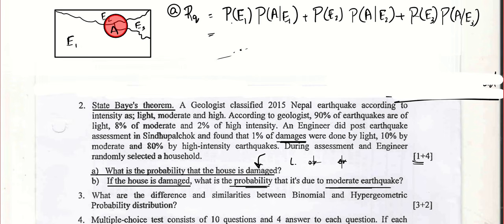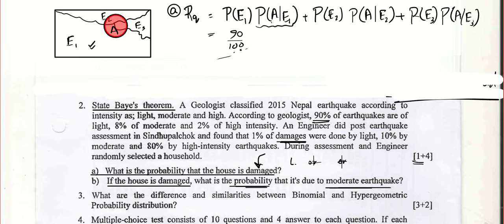Now what do you mean by probability of E1? That is, what is the probability of having a light earthquake? According to the geologist, 90% of the earthquakes are light, so this will be 90 out of 100. Now I want you to read this. Probability of A given E1.